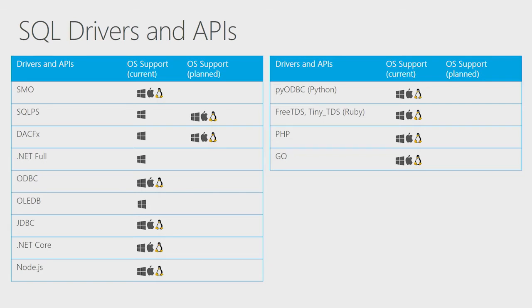It is an initial release version with partial object type support, but it will grow to reach 1-to-1 parity with the SMO on Windows version. With that, we will enable SQL PowerShell, which is called SQLPS, in a multi-OS version. Also, DACFx is coming in a multi-OS version in the near future, which is all exciting news.